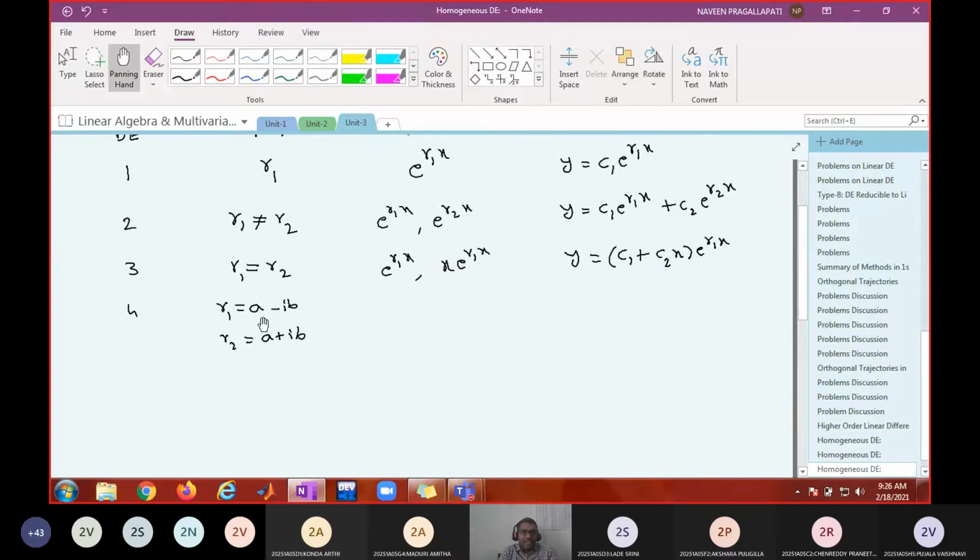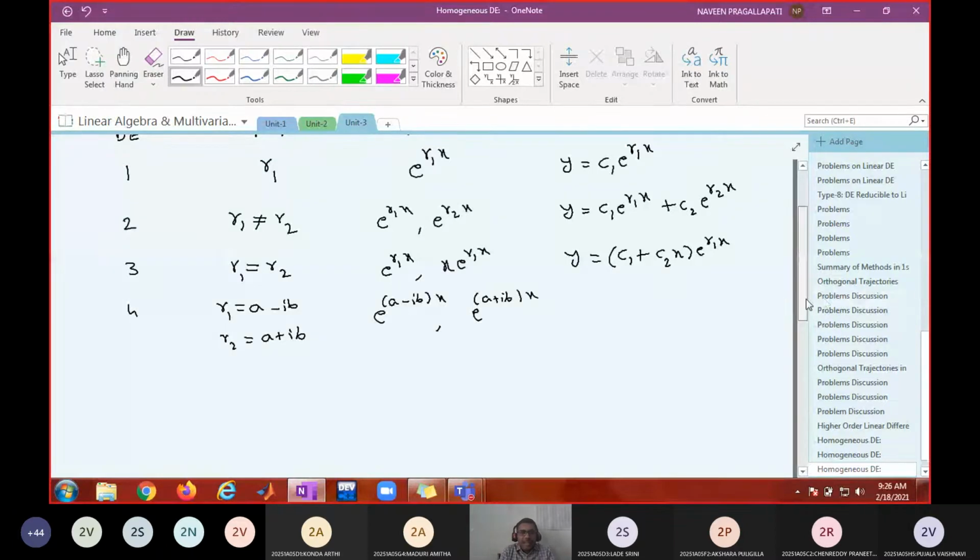The complex conjugates are a distinct case, since A minus IB is not equal to A plus IB unless b equals 0. Naturally, according to this rule, e power (a minus ib)x and e power (a plus ib)x. Don't write, just listen.